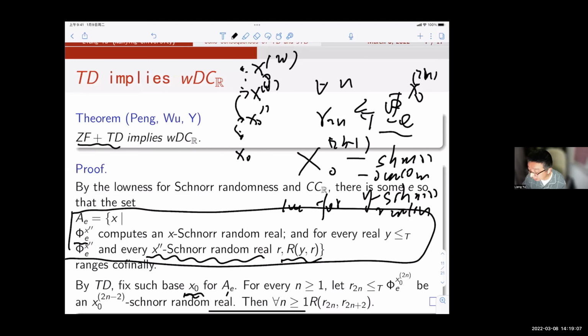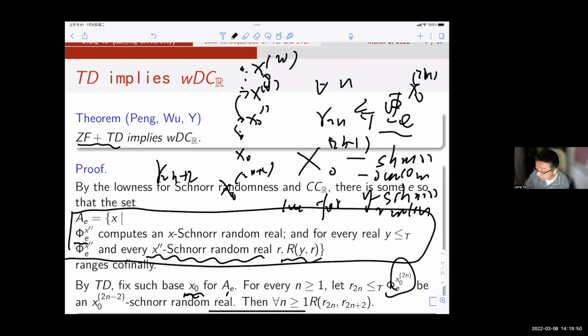You can find such a sequence, because R_{2n+2} is x0 2n should not random. Sorry, it's because x0 2n plus 2 random. So it has a relation with every real Turing below phi x0 to n, for every real.